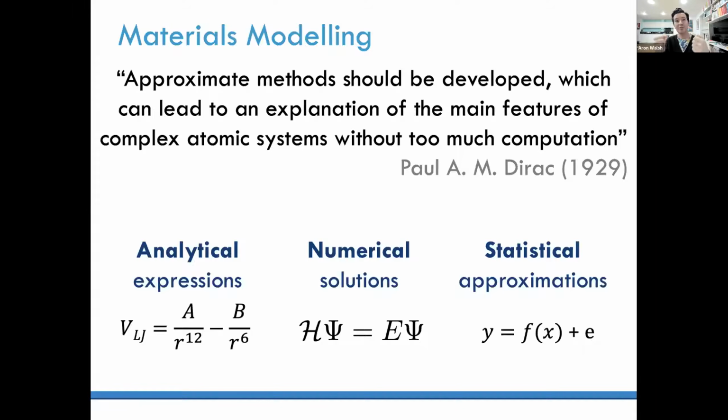You have a sweet spot for the equilibrium bond length, and then you have longer range van der Waals interaction. So that's the Lennard-Jones type. Of course, that's very straightforward to deal with computationally. So now we can have classical force field simulations for systems of millions or billions of atoms. So still very powerful techniques.